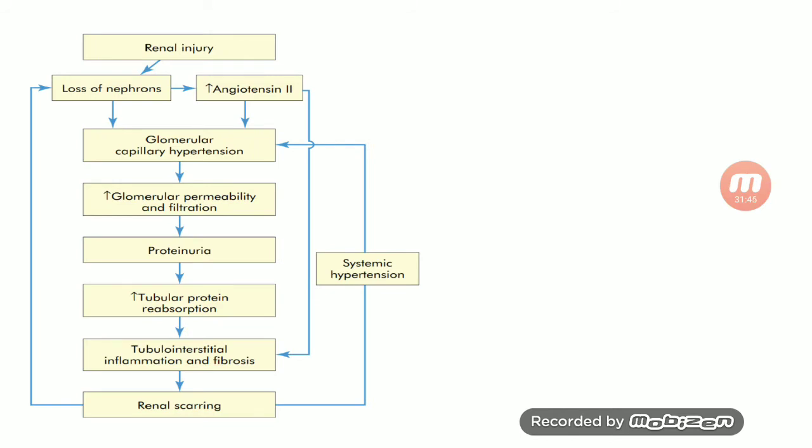Let's talk about the pathophysiology of chronic renal failure. First and foremost, we have already said the major causes are systemic diseases like hypertension and diabetes mellitus.